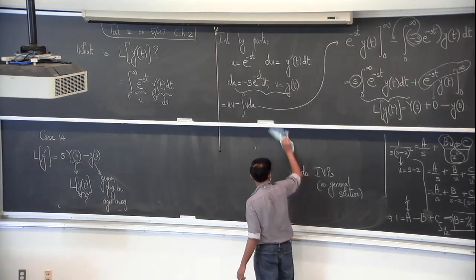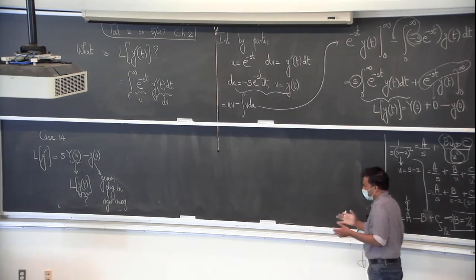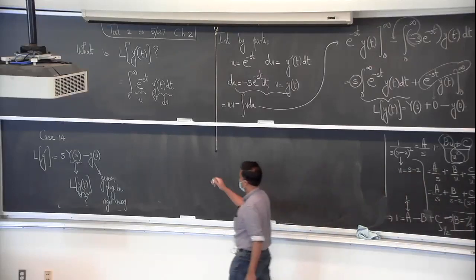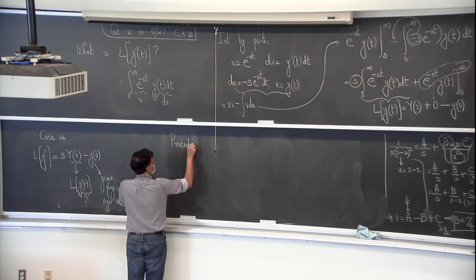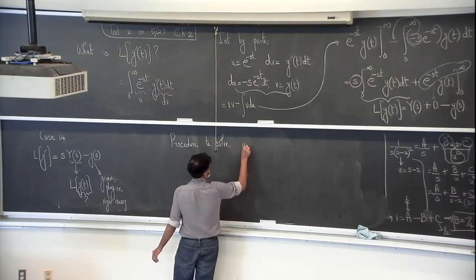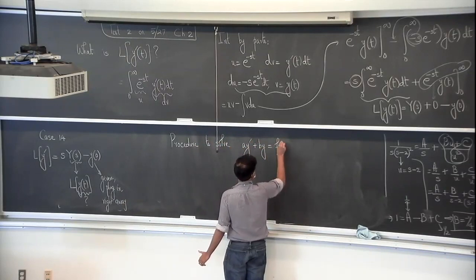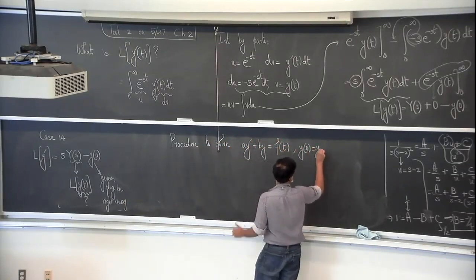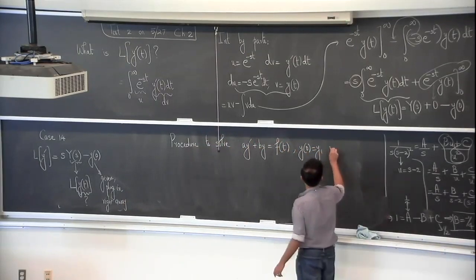All right, so let's see how this works for a first order case. If you understand the process, it should work the same way for higher order cases as well. So the procedure is as follows. The procedure to solve this initial value problem using Laplace transform.